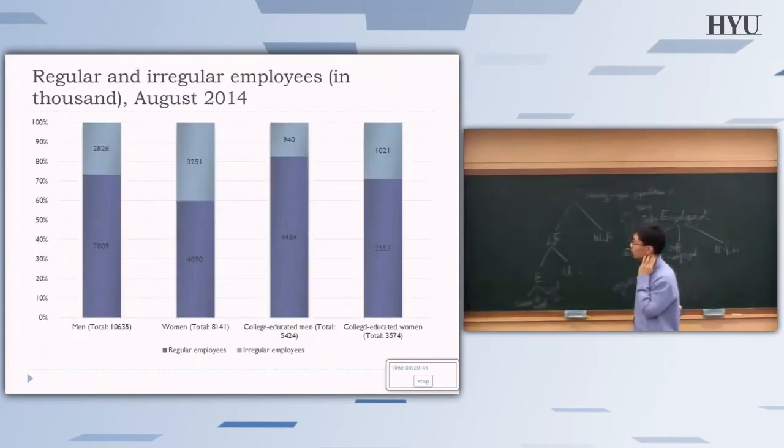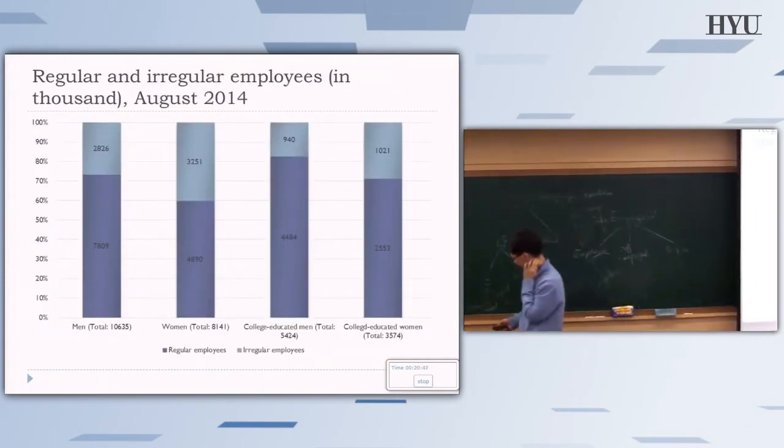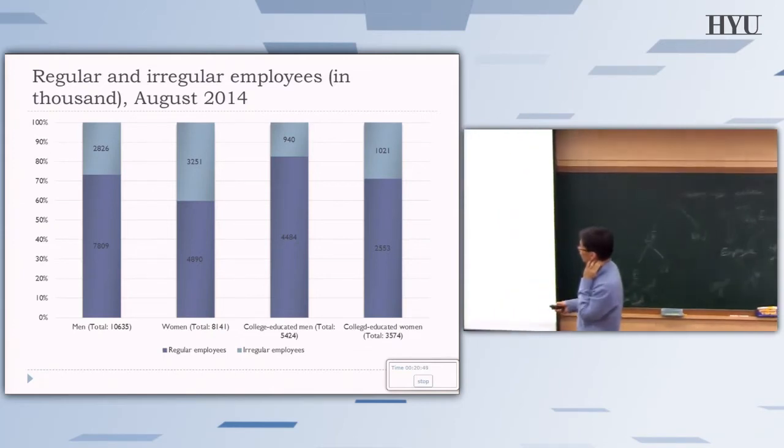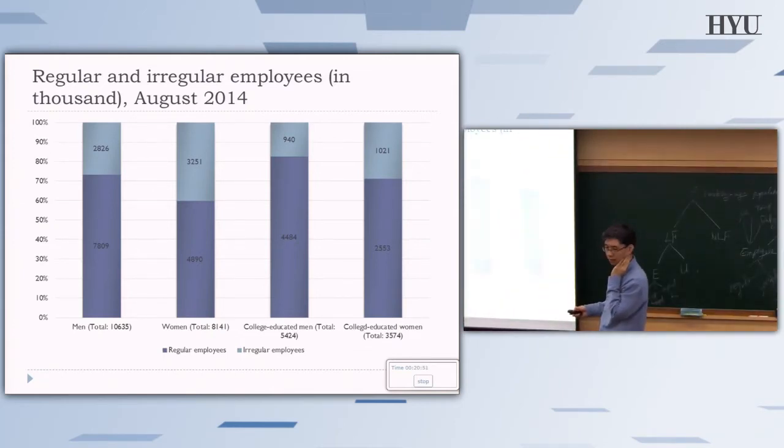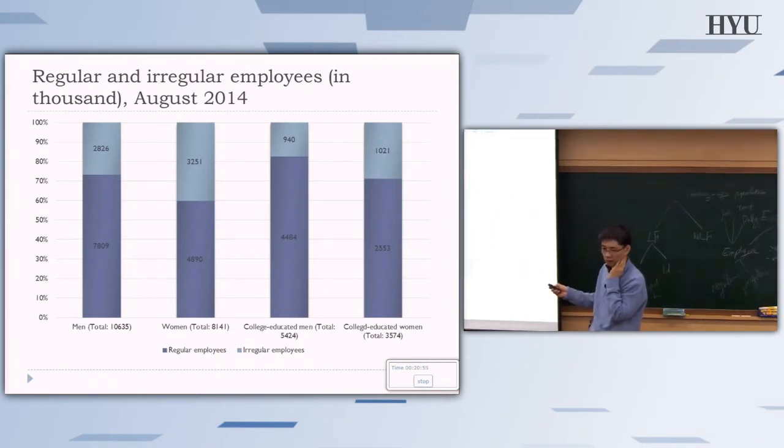So when we look at the statistics, for men, about 75% are considered regular employees, and the others, about 25%, are irregular. So 3 out of 4 male employees are regular employees. For women, the percentage is smaller.